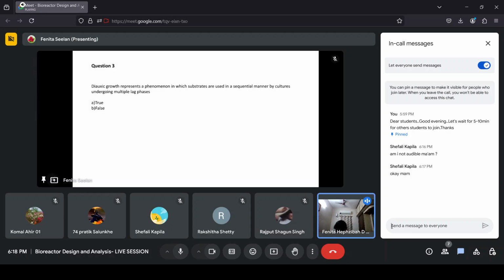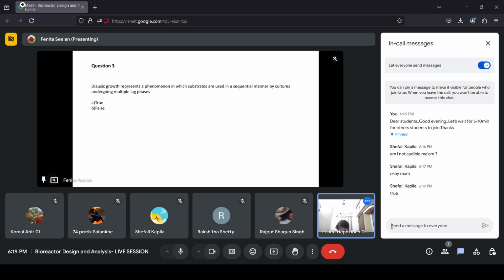Question number 3: Diauxic growth represents a phenomenon in which substrates are used in a sequential manner by cultures undergoing multiple lag phases. Is the answer true or false? True.